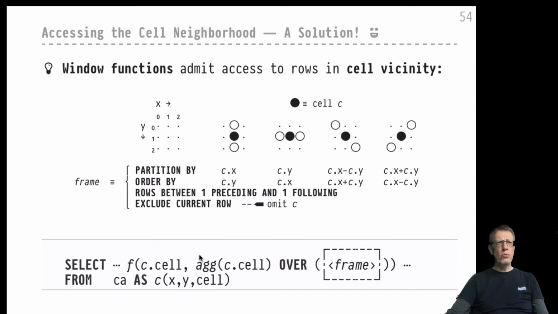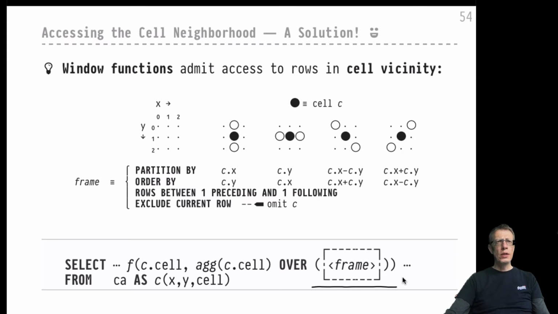What defines the reach of this aggregate? The answer is we will be using a window function that defines a particular frame, and we make sure that the frame only admits rows in the neighborhood of cell C.